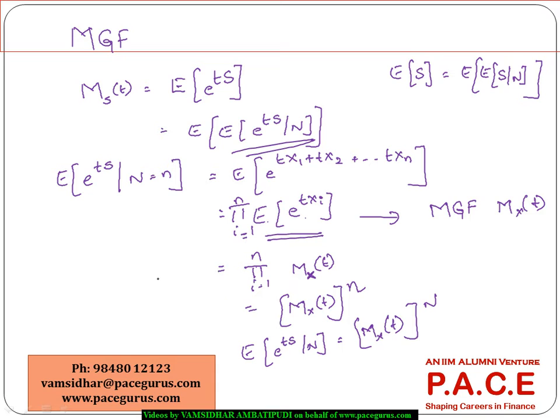And now I really want MS(t), which is nothing but the expected value of e power tS, the expected value of MX(t) to the power n. The expected value of MX(t) to the power n is what is coming out as MS(t).